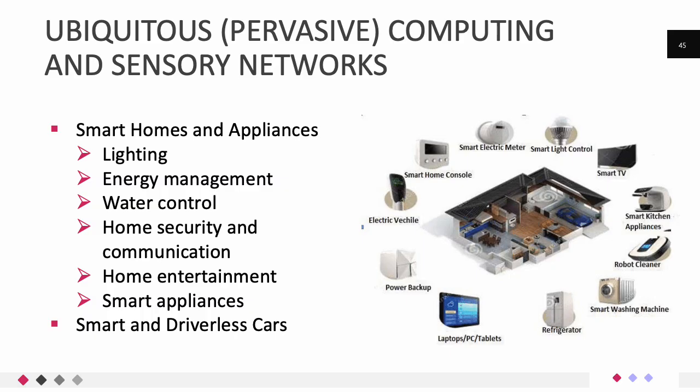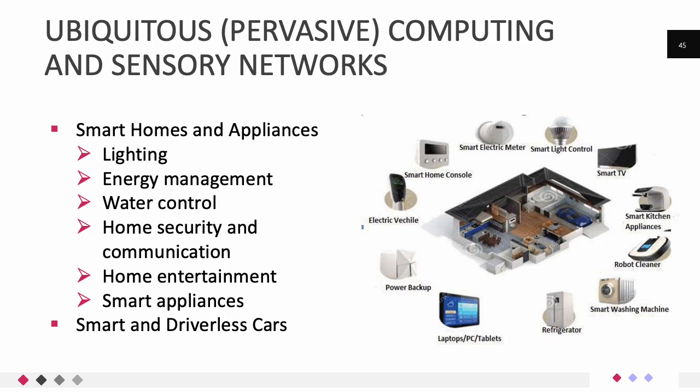Okay, so let's bring the idea of the smart everything right into your daily life. We're talking about smart homes and even smart cars. Imagine your house could take care of itself. That's what smart homes are about. You could use your phone to control the lighting, turning the lights on and off from your bed.